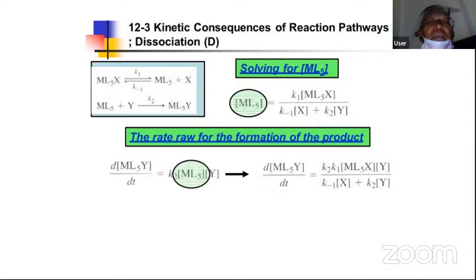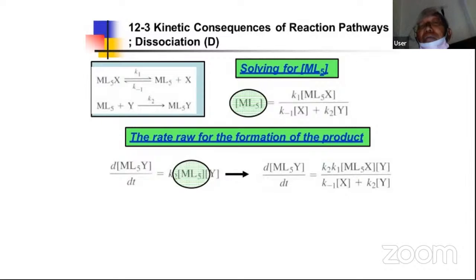Your product ML5Y in the second stage is equal to K2 times Y times ML5. So you find the rate law for your second stage is this. Then you replace your ML5 in this equation, and you will find the final rate law is this one, involving K1, K2, and K minus 1.